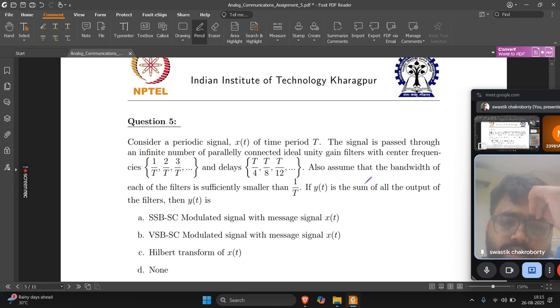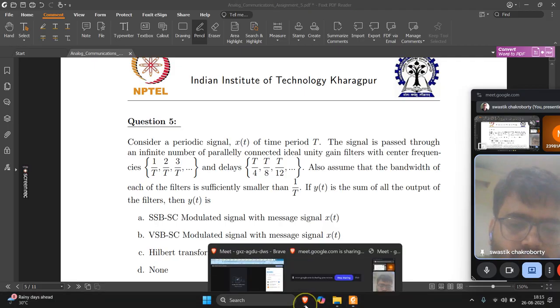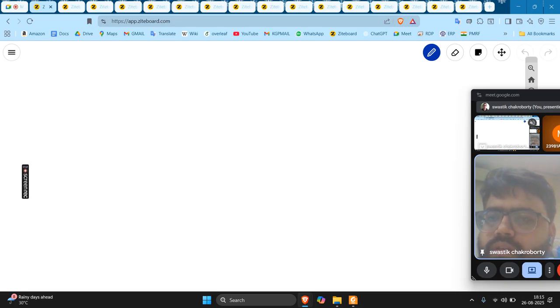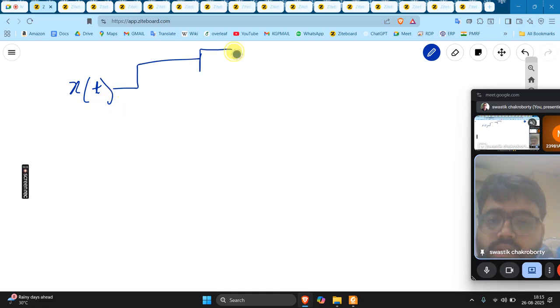Then y(t) is the sum of all outputs of the filters. x(t) is connected parallelly to an infinite number of filters. So you have a signal x(t) that is parallelly connected to filters. The first filter is fc equal to 1/T with delay tau equal to T/4.